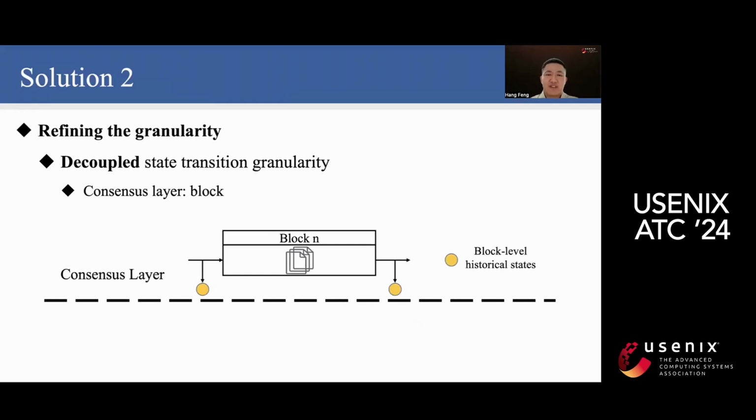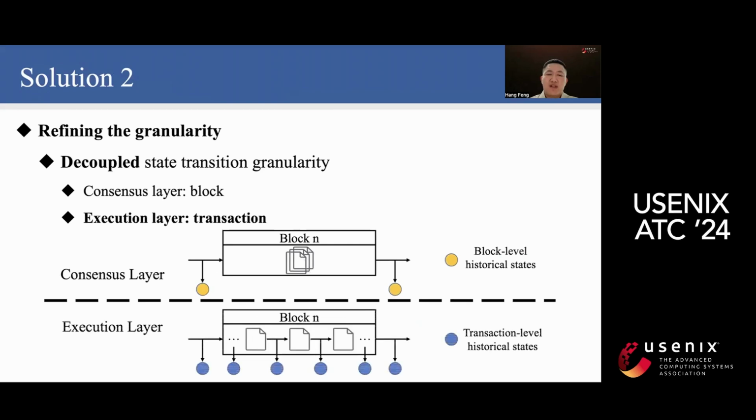We observed a decoupled state transition mechanism in the current Ethereum technology stack. Let's say at the top consensus layer, the state transition granularity is a block. But when we take a look at the lower execution layer, let's say inside the Ethereum Virtual Machine, the transactions are executed sequentially, which means the basic unit causing state transition is the transaction.